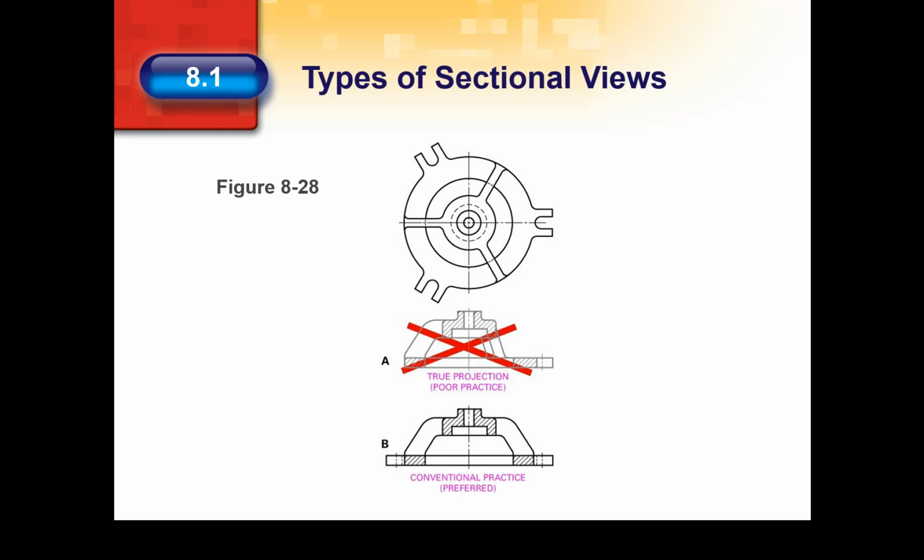A section or an elevation, side, front, or rear view of a symmetrical piece can sometimes be difficult to read if drawn in true projection. See Figure 828A for the true projections of a symmetrical piece with ribs and lugs. Notice that the true shapes of the ribs and lugs are not shown.